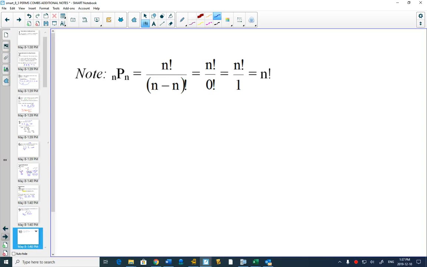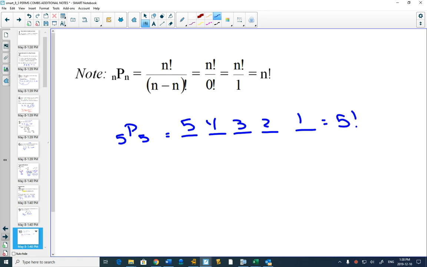If you have n numbers and n spaces, here's the formula that shows that you should get n factorial. But if you thought about 5P5, if you think about 5 spaces, starting with 5 and going down by 1, it should make sense that that's 5 factorial as well.